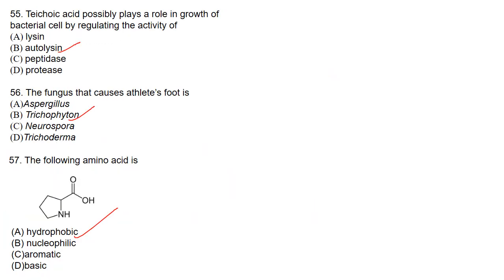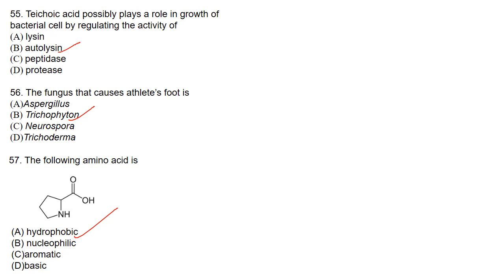Then teichoic acid possibly plays a role in growth of the bacterial cell by regulating the activity of. So teichoic acid assists in regulation of cell growth by limiting the ability of autolysin to break the beta-1,4 bond between N-acetylglucosamine and N-acetylmuramic acid. So the answer is autolysin.